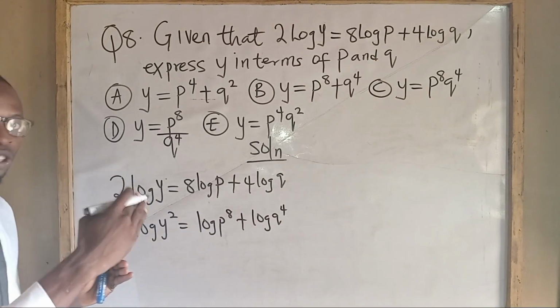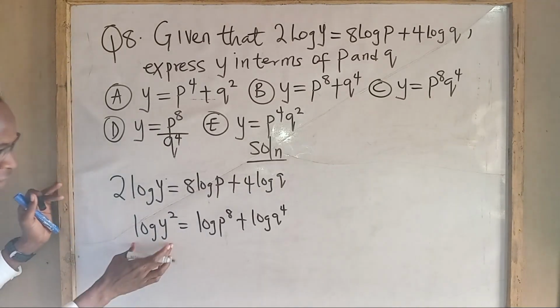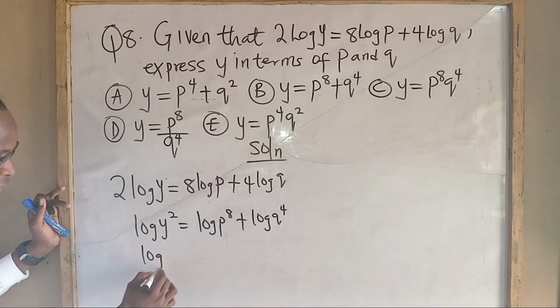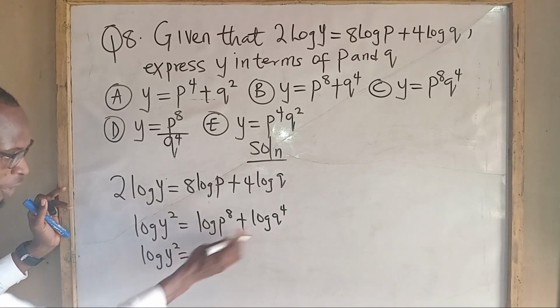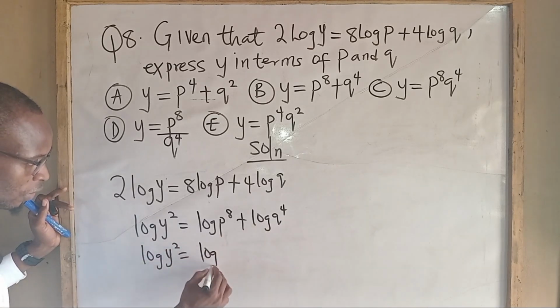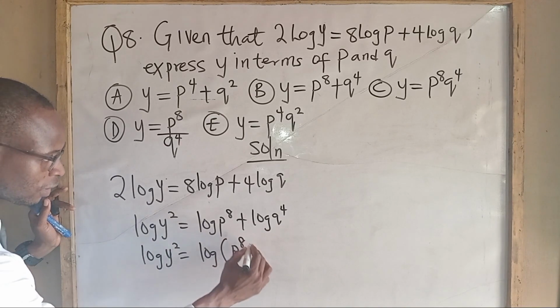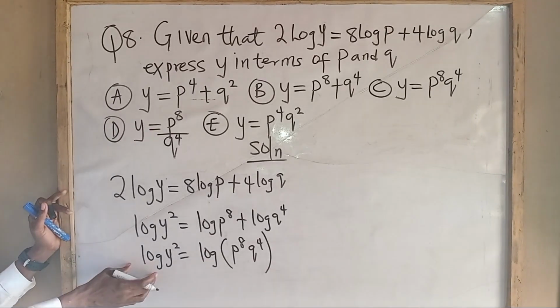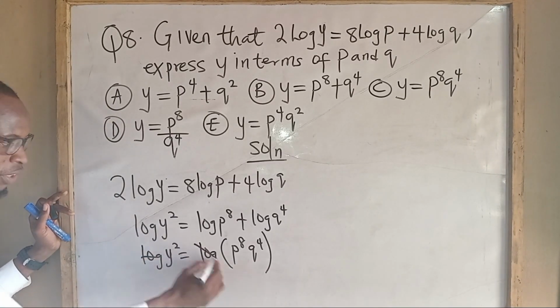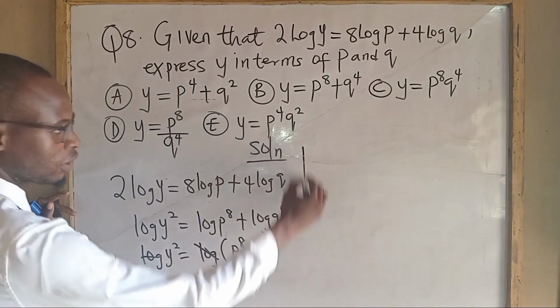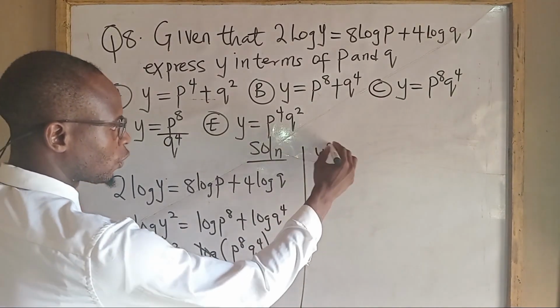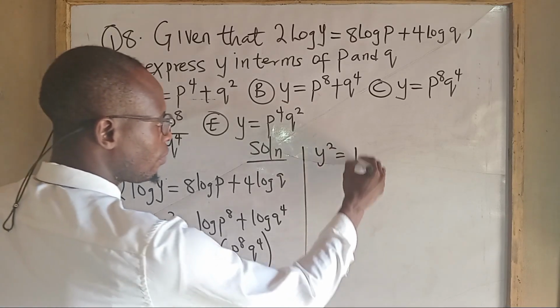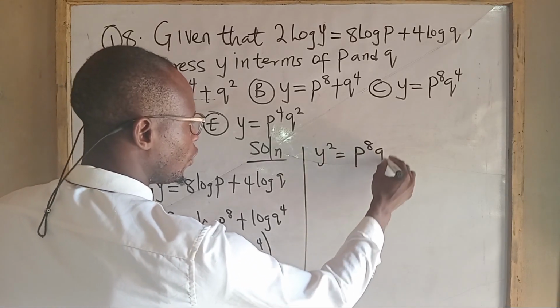So that means addition changes back to multiplication. So this remains log y raised to power 2. Then I combine these two by saying log p raised to power 8 multiplying q raised to power 4. So I have log on this side, I have another log on this side. This can cancel out this. So I'm left with y squared is equal to p raised to power 8 and q raised to power 4.